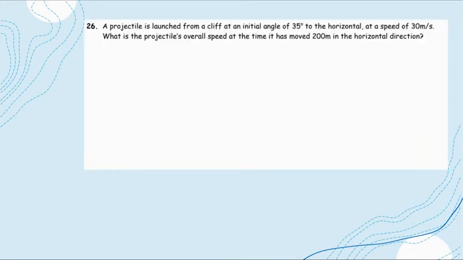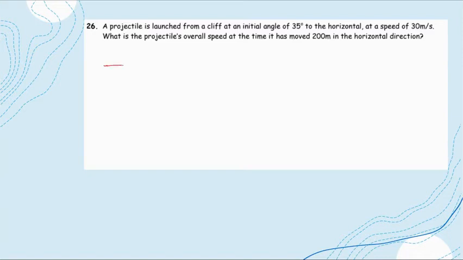Okay, so a projectile is launched from a cliff at an angle of 35 degrees to the horizontal at a speed of 30 meters per second. What is the projectile's overall speed at the time that it has moved 200 meters in the horizontal direction? Okay.